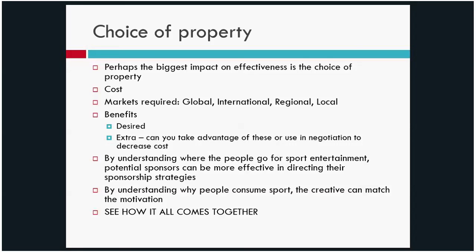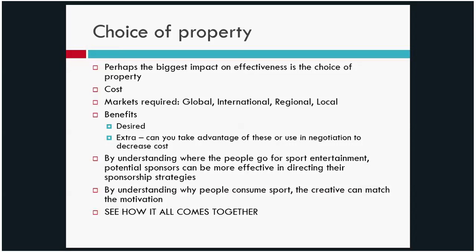By understanding why people consume sport, my creative can match that motivation. Maybe people like going to baseball. My target audience is going there for a family atmosphere. So my creative elements need to show families together. Maybe my target audience goes skiing, downhill skiing, because it's risky and they want to have fun, and I need my creative to show a risky aspect of skiing.